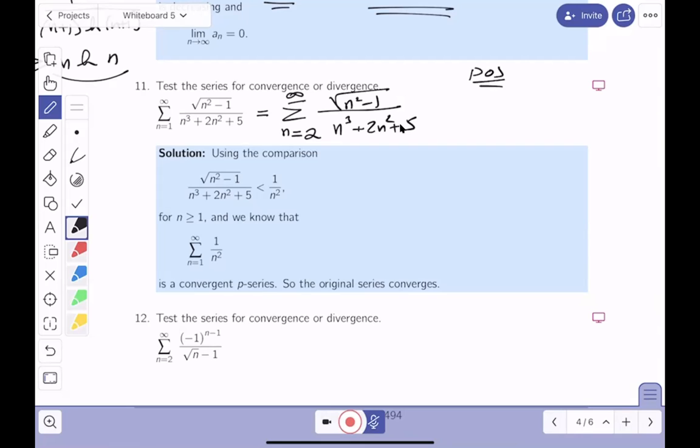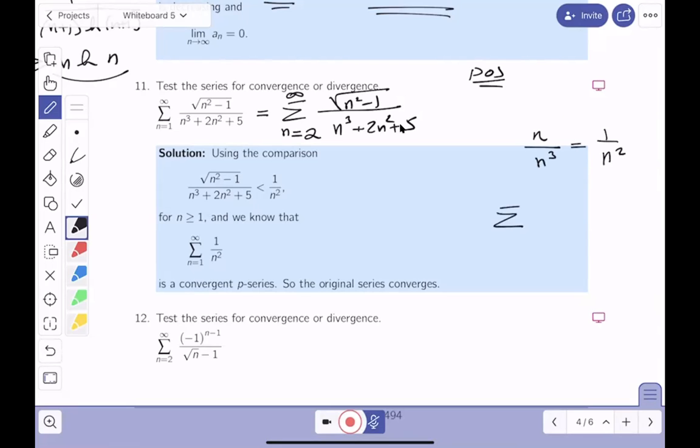So I'm looking for a comparison. If I thought about the top, the square root of n squared, when you get to a really long term, the minus 1 doesn't play much role. So I'm going to say the top sort of looks like n. And the guy on the bottom that really looks powerful is the n cubed. And what is this thing over here? I'm going to say a nice comparison would be 1 over n squared. So let me write this down for you.